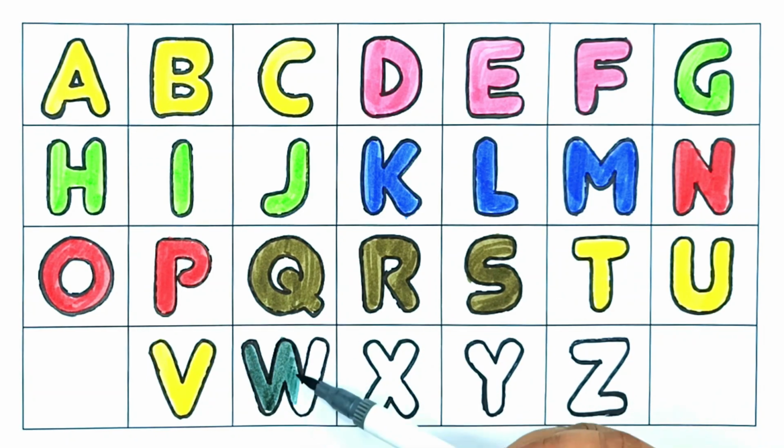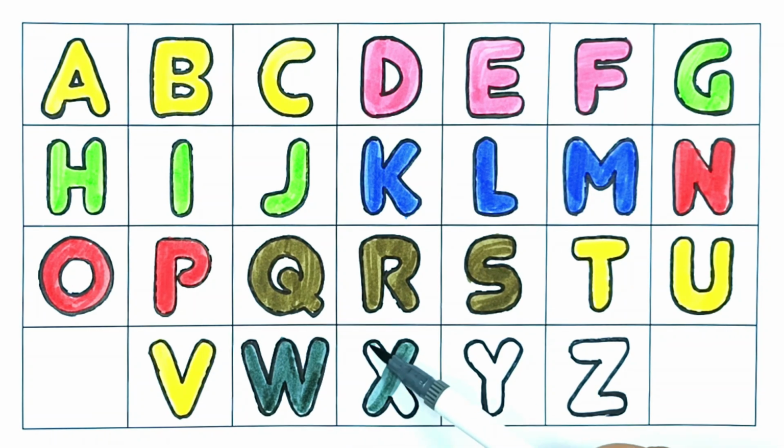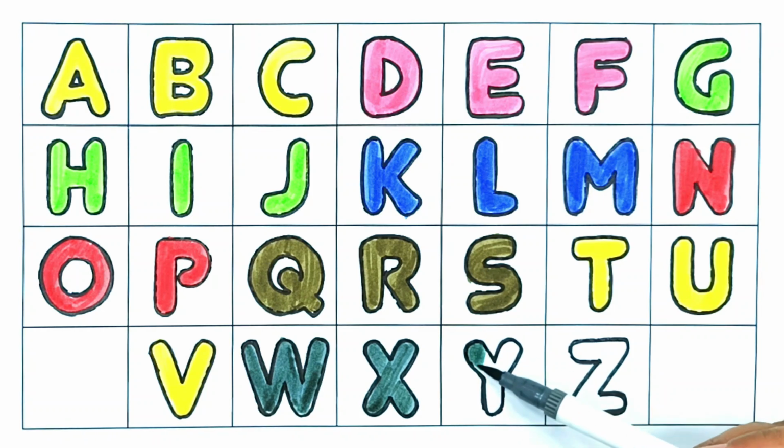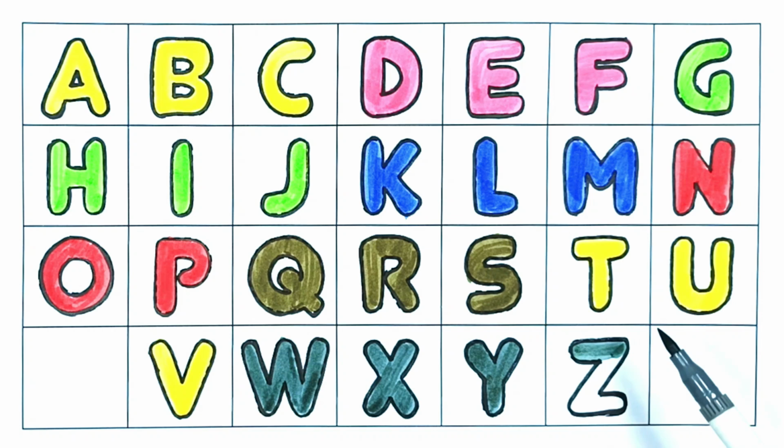W for watch. W for watch. X for xylophone. X for xylophone. Y for yacht. Y for yacht. Z for zebra. Z for zebra.